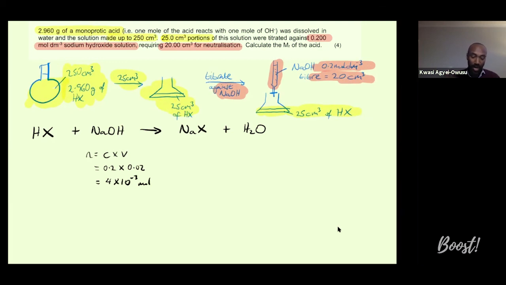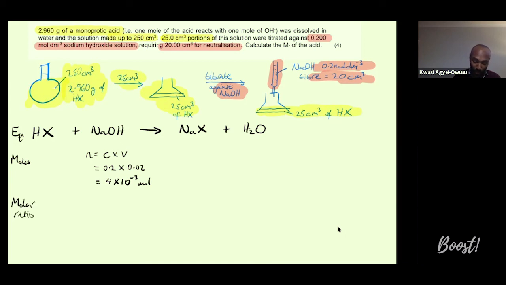Okay, so if that's how many moles of sodium hydroxide coming out of our burette to neutralize our 25 centimeters cubed of HX, the question is, how many moles of HX have we just neutralized? And that is fairly straightforward. We simply need to consider the molar ratio. So if we use our EMMA acronym again, and moles, we need to consider the molar ratio.